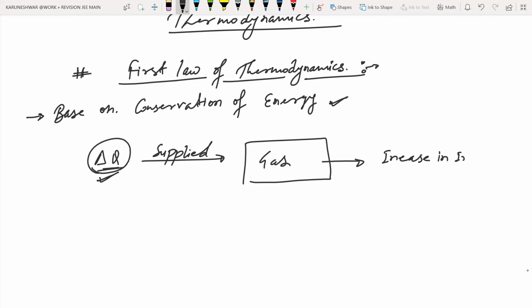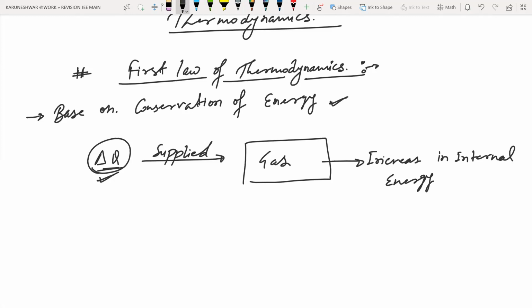Increase in internal energy. Why does the internal energy of the gaseous molecule increase? The reason behind that is temperature will increase over there.